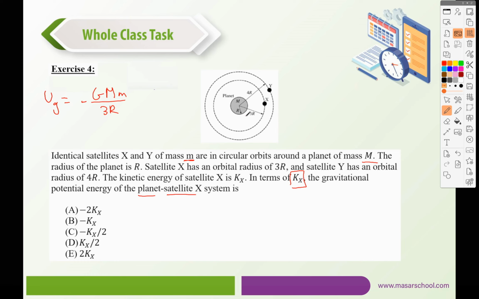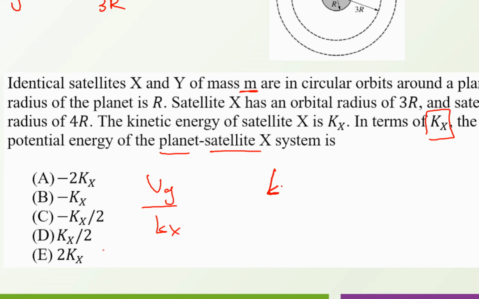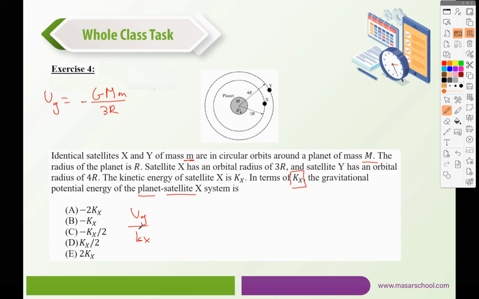Now in order to find the relation between UG and Kx, we need to determine the ratio. This is the best way to do it, which is basically UG over Kx. Why am I calculating the ratio of UG over Kx and not Kx over UG? Because our answer should be in terms of Kx. For this reason, Kx is better in the denominator. Now UG is given by minus GMm over 3R.